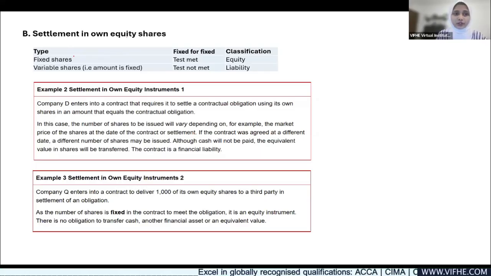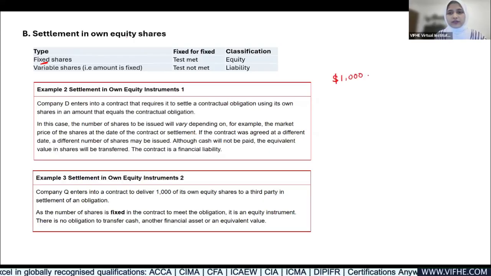If you're going to issue a fixed number of shares, for example, if you have made a borrowing of, let's say, $1 million, the organization has borrowed $1 million.